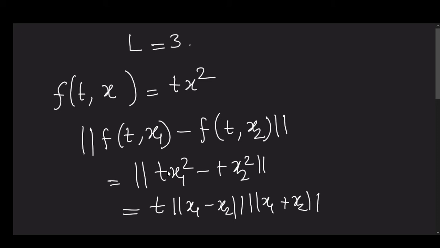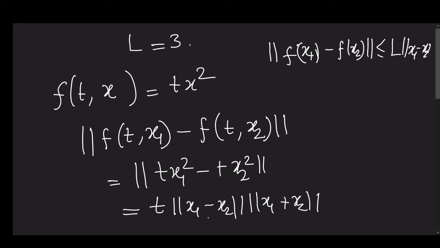So here you can see that it is not bounded, because if we compare it with the standard form of the Lipschitz condition, that should be norm f of x1 minus f of x2 less than or equal to L norm x1 minus x2, and L should be finite.